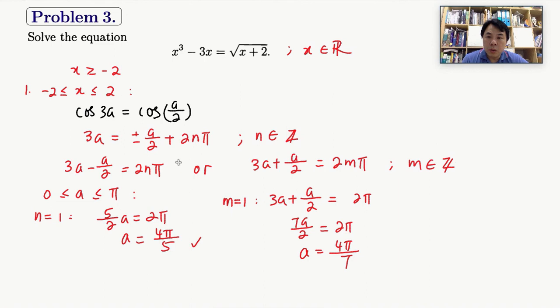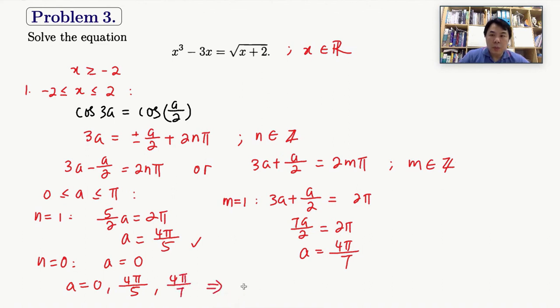And then of course, I can also start with n equal to 0, which I missed out. So n equal to 0, therefore A is equal to 0. Because this is a polynomial of 3 solutions, I expect to get A equal to 0, 4π over 5, and another one to be 4π over 7.